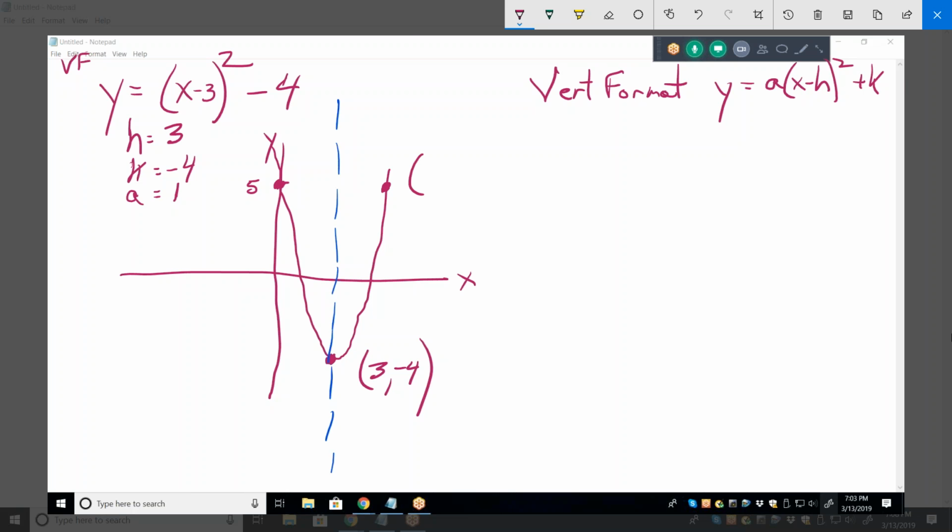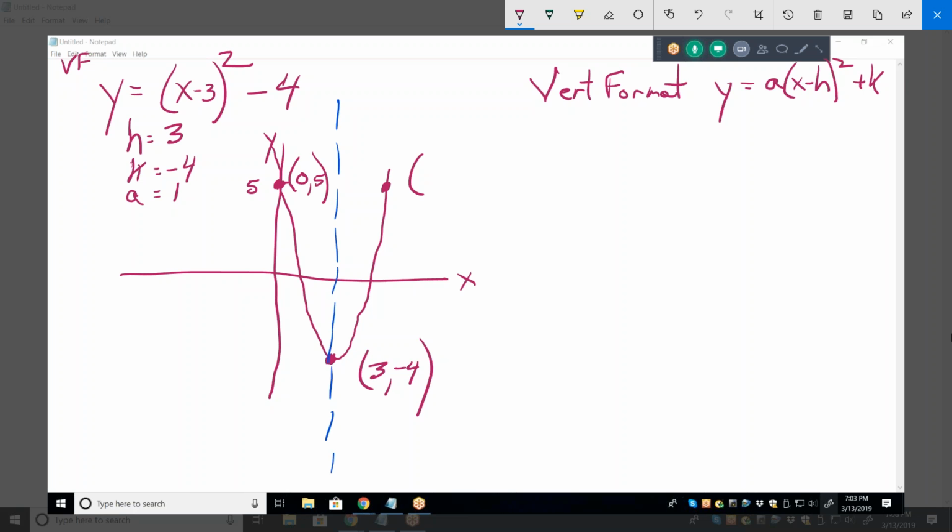The line of symmetry is at x equals 3. First of all, this point right here is the point that crosses the y-intercept. What is that point? (0, 5), okay.